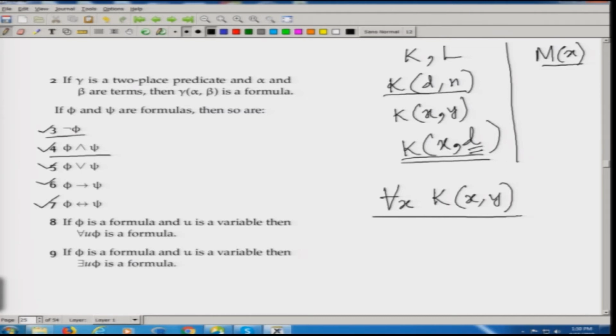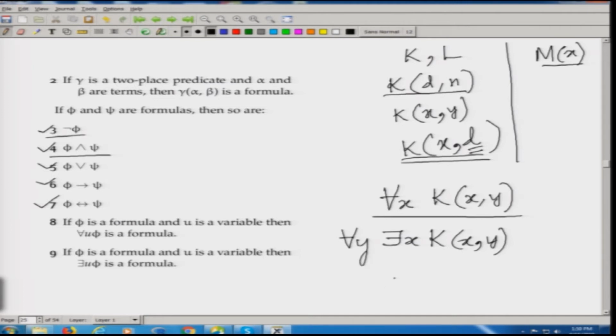And if phi is a formula and u is a variable, then so is some u, where my u goes to x or y or z. This also is a formula. So these are all formulas. Now, if this is a formula, I can anytime add this, this also is a formula.